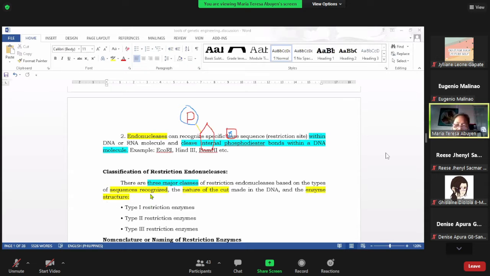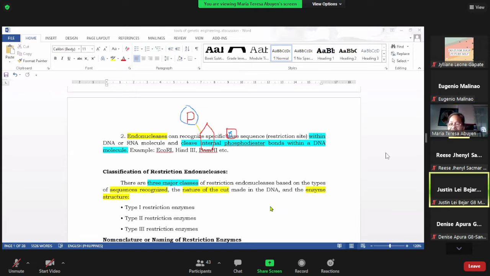Based on these characteristics, restriction endonucleases were then classified into three: type 1, type 2, and type 3. Can we proceed? Again, please take down notes, because this is a complicated topic.